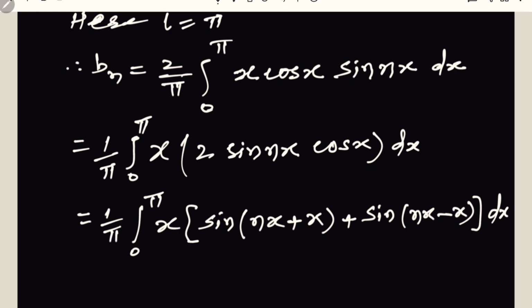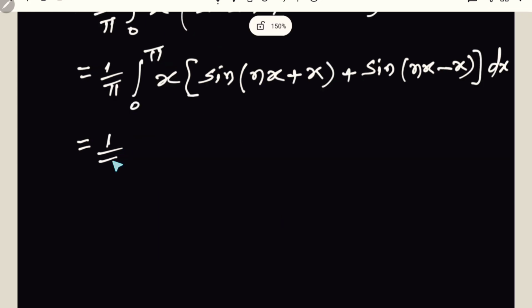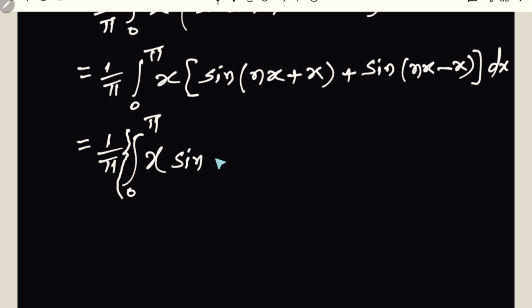Then writing two separate integrals by multiplying x inside the bracket, we have 1 by pi multiplied by integration from 0 to pi of x, first integral, x sine of n plus 1 times x dx.